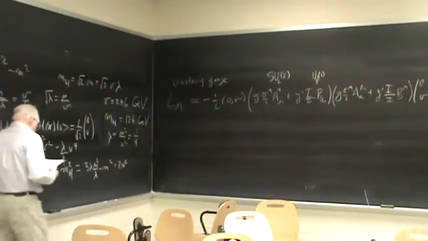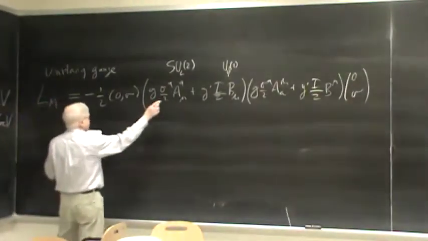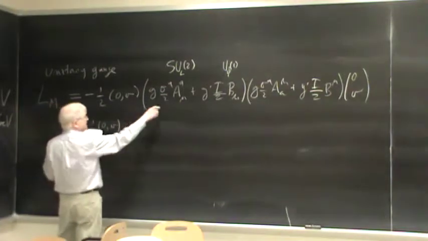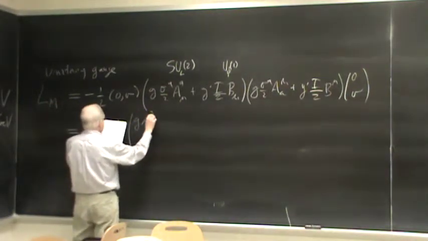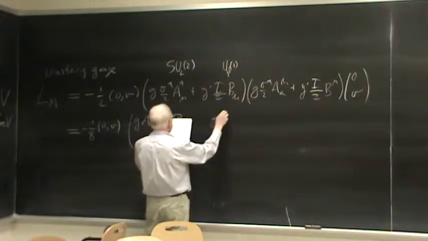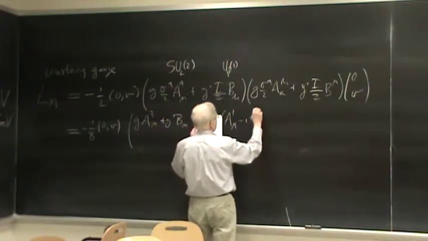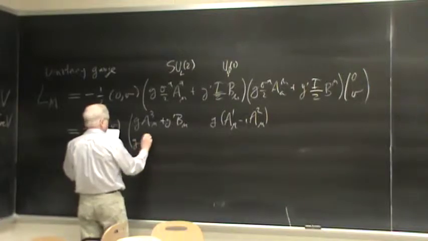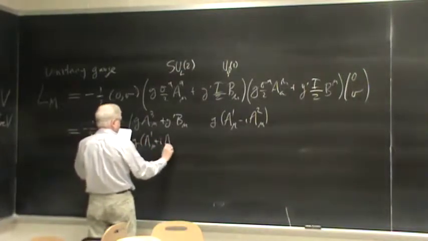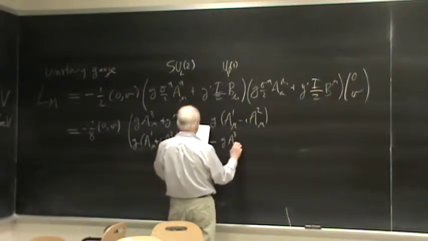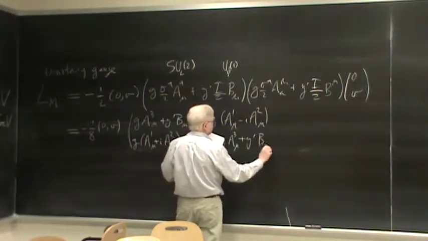Okay, so this is what we've done, and now we know what the Pauli matrices are, so we pull out these factors of 2, we get minus 1/8, 0v, and then this whole structure is a 2 by 2 matrix: g A3 mu plus g prime B mu, g A1 mu minus i A2 mu, g A1 mu plus i A2 mu, minus g A3 mu plus g prime B mu.